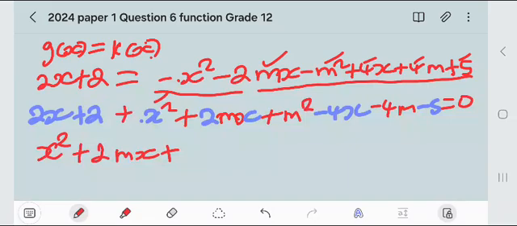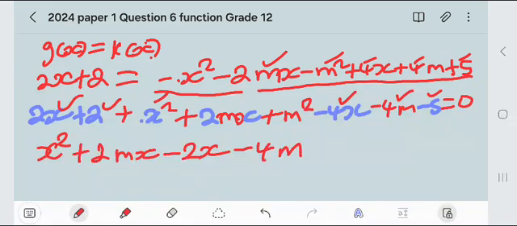We know that will simply equal minus 2, so this will be minus 2x. We are done with that. Then we come to the constants, which will be minus 3. Also we have minus 4m here. I want to take it in standard form. Then this and this will be minus 3.